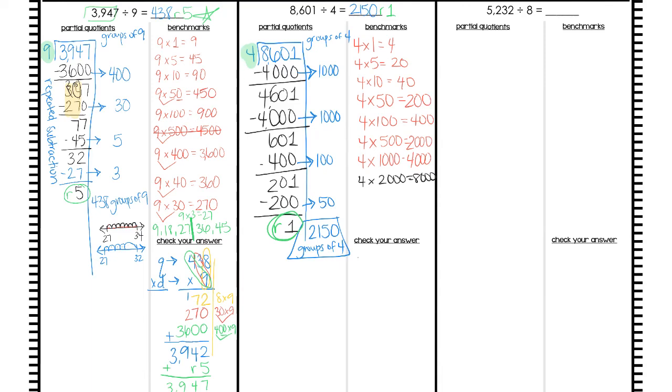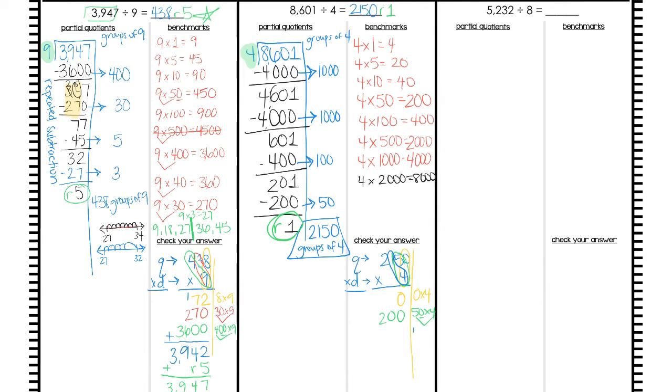Let's check our answer. Quotient times divisor. Our quotient was 2,150 times our divisor of 4. We're going to multiply our 1s first. 0 times 4 is 0. Then our 10s. Not 5, but 50 times 4 is a 0 in the 1s place, and 5 times 4 is 20. Next, we have our hundreds times our 1s.